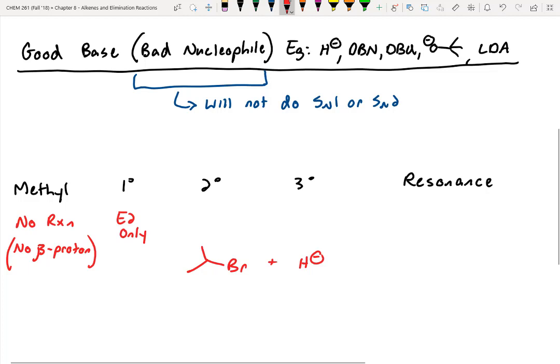It'll do E2, right? All right, and then we can think about tertiary carbons. Will this do E1 or E2? It'll do E2.